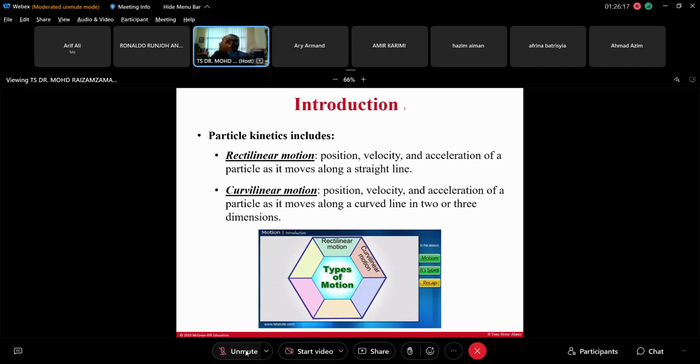Okay, other example. Anyone? Try to look at your surroundings. Is there any example that you can relate with the rectilinear and curvilinear motions? Sir, the moving of the cable car. The moving of the cable car. Okay.